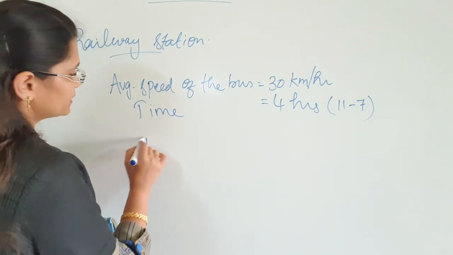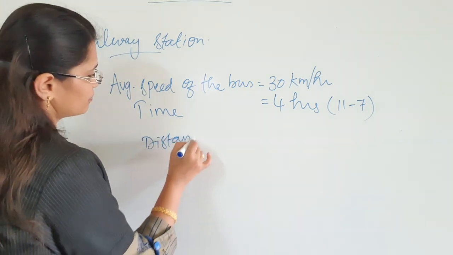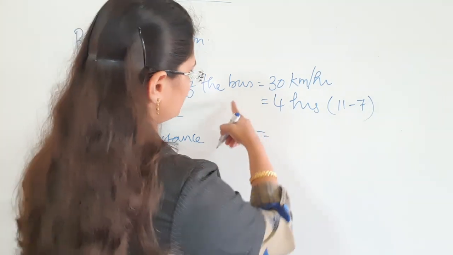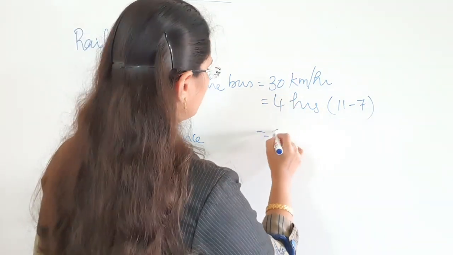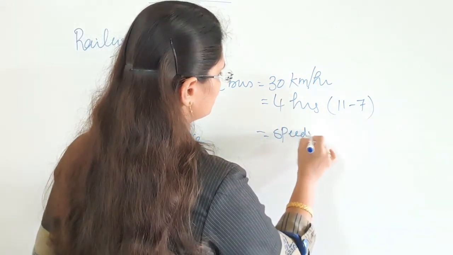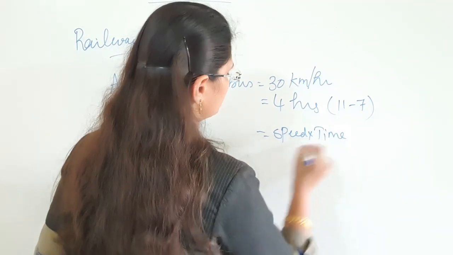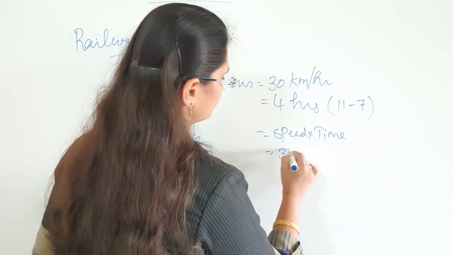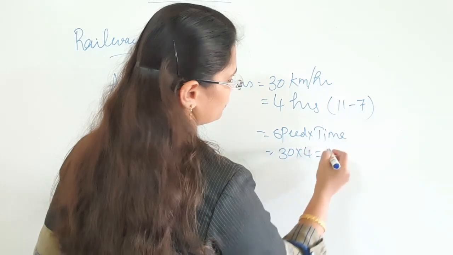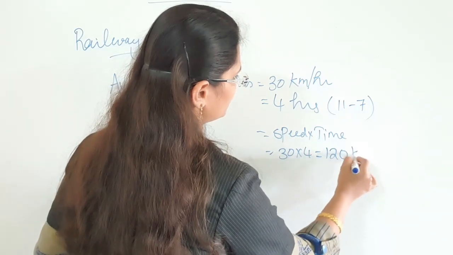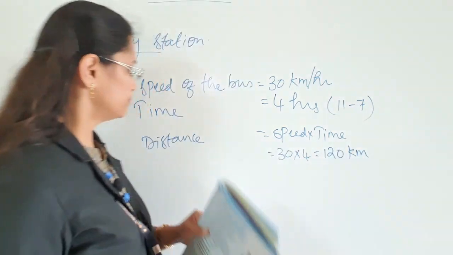So, what will be the distance? Distance is equal to speed into time. Speed into time is equal to 30 into 4, 3 4s are 12, 120 kilometers.